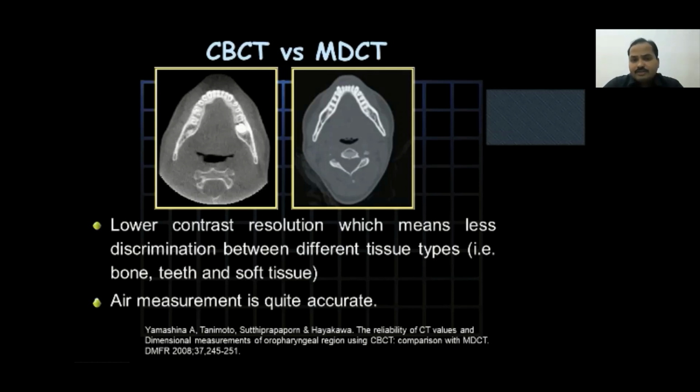Lower contrast resolution will be there in CBCT, which means less discrimination between different types of tissues. Because CBCT uses a volumetric data set, this contrast resolution is a little drawback as compared to the conventional medical CT. Then air measurement is accurate in both CBCT as well as CT.